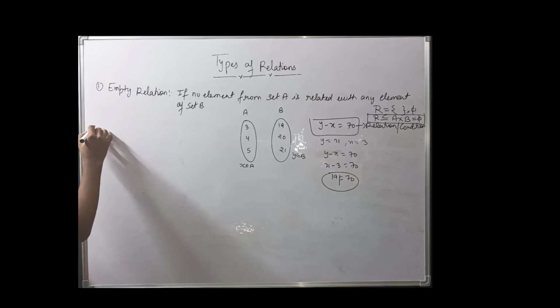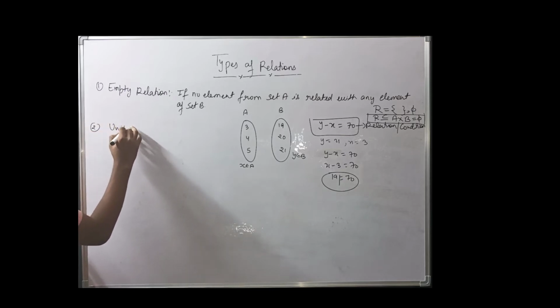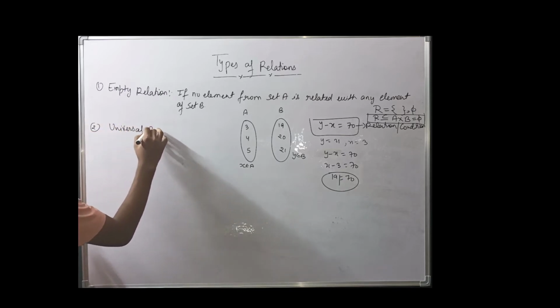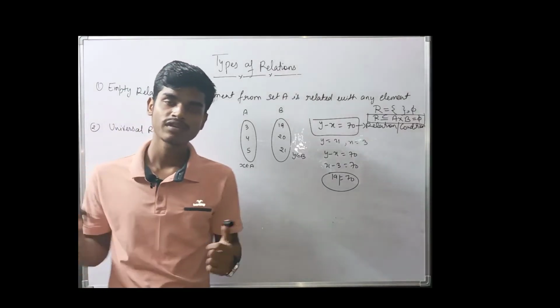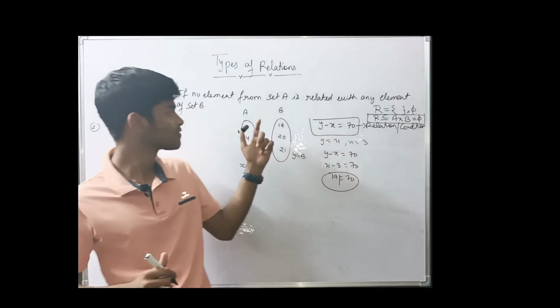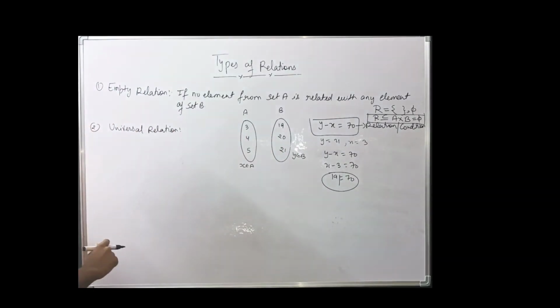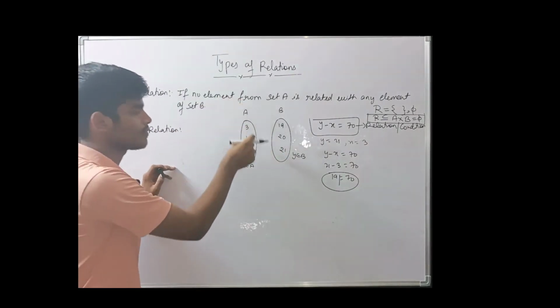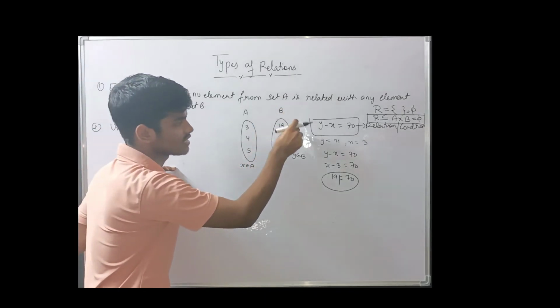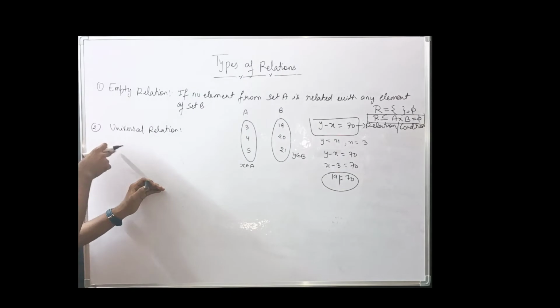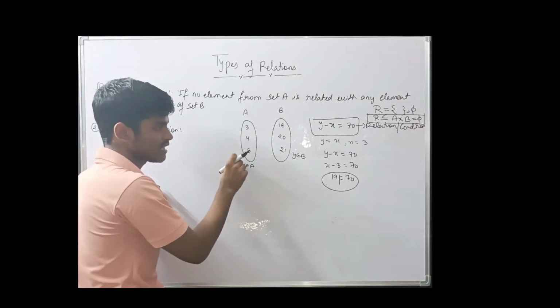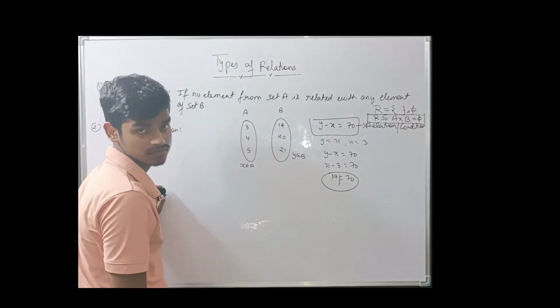Now the second type of relation is the universal relation. This relation is totally opposite of the previous one, the empty relation. The empty relation says no element from this set is related to any element of this set, so there is no linkage. But this relation says that every element from this set is linked to every element of this set.